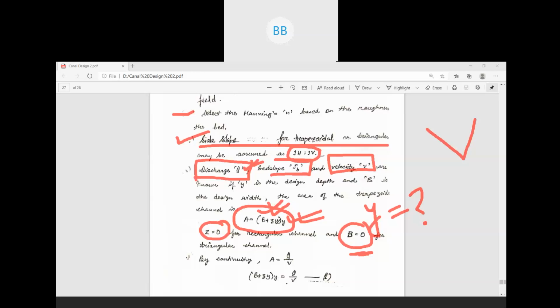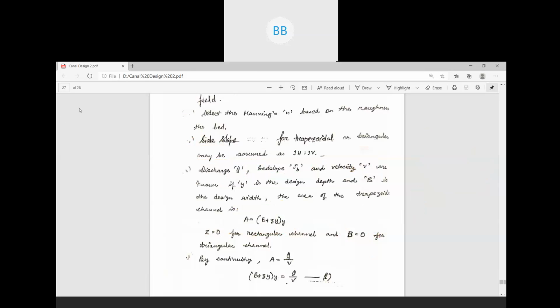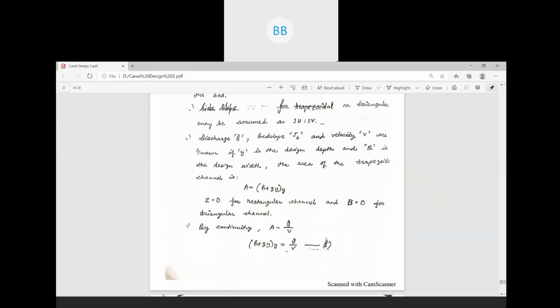So this expression is nothing but the expression of a trapezoidal channel, and we always prefer a trapezoidal channel. Then we use the continuity equation, that is, discharge is equal to area into velocity.